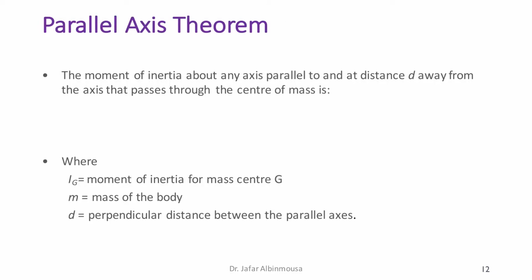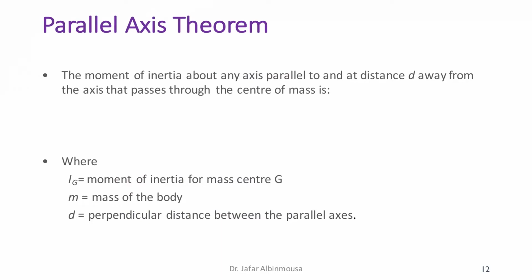Now we might encounter situations where we need to calculate the moment of inertia about an axis which is not the axis that passes through the mass center, G. For that we need to use the well-known parallel axis theorem.